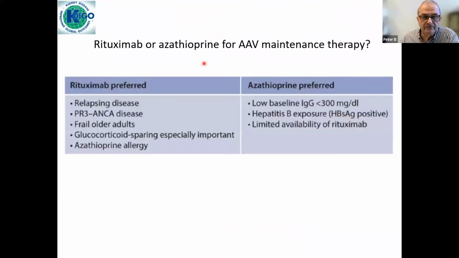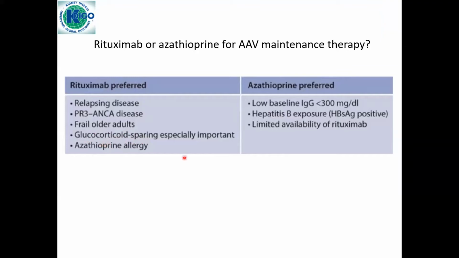And then for maintenance therapy after the first 3 to 6 months, you can choose rituximab now, or you can choose azathioprine. So there is some preference for rituximab with known relapsing disease and PR3 ANCA, and frail older adults, where you can have a glucocorticoid-sparing effect.